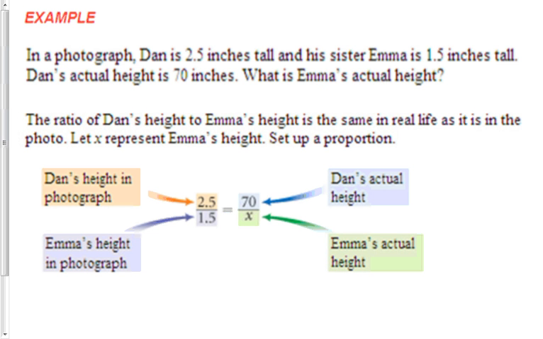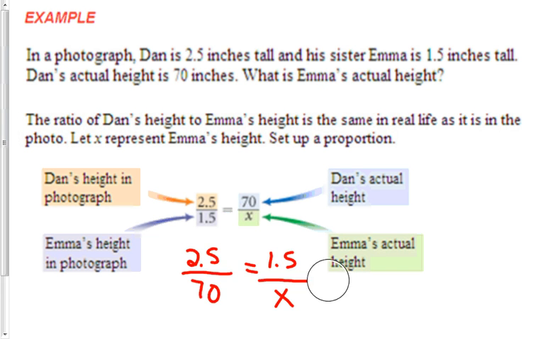Like this proportion, we could have set up as Dan's height in the photograph over Dan's actual height equals Emma's height in the photograph over Emma's actual height. We're still keeping corresponding things relating to one another. We've just rearranged the way that they're positioned.